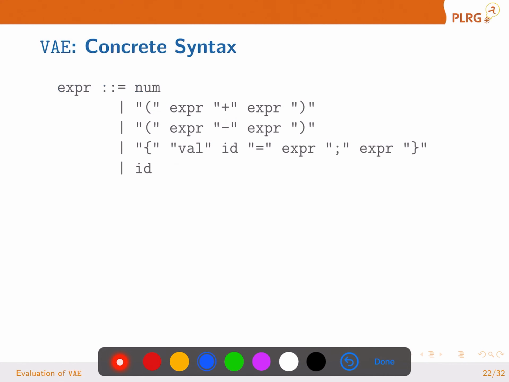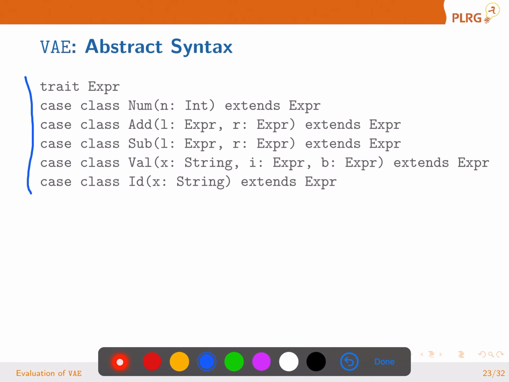So again, the concrete syntax is this. Abstract syntax in Scala is this. Id with a name, string name, and Val for identifier introduction. We introduce this name whose value is going to be the value of this first sub-expression, and the value of the whole expression is the value of the second expression.